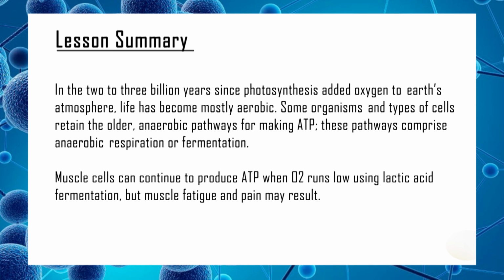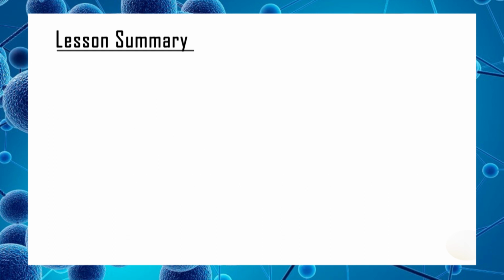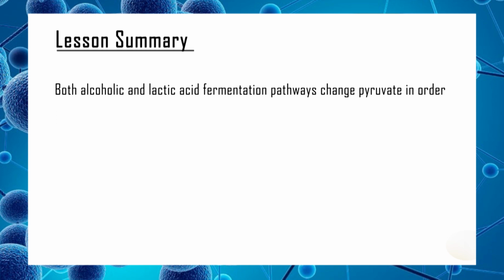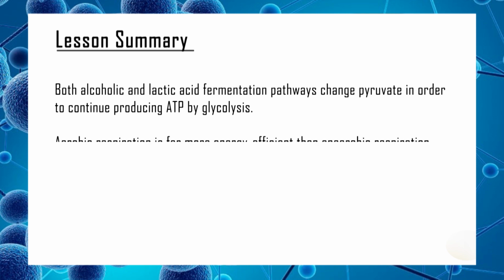Muscle cells can continue to produce ATP when oxygen runs low using lactic acid fermentation, but muscle fatigue and pain may result. Both alcoholic and lactic acid fermentation pathways change pyruvate in order to continue producing ATP by glycolysis.